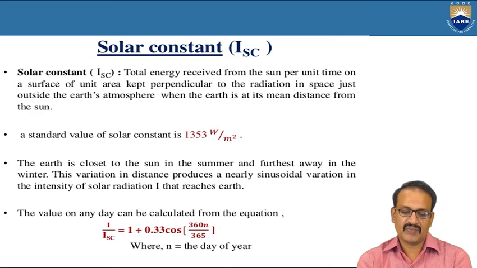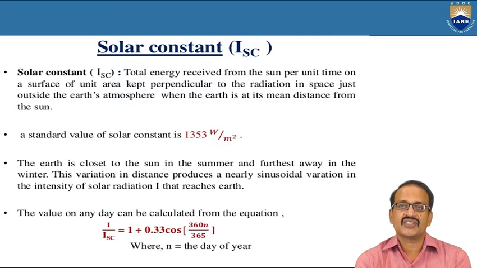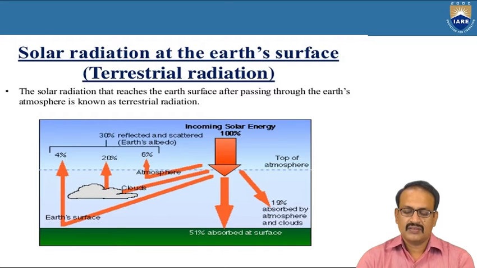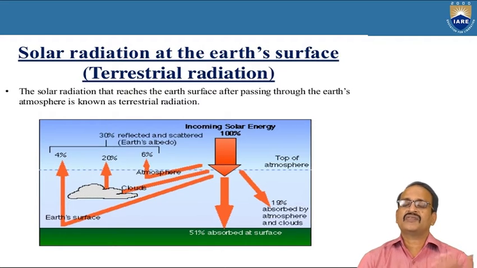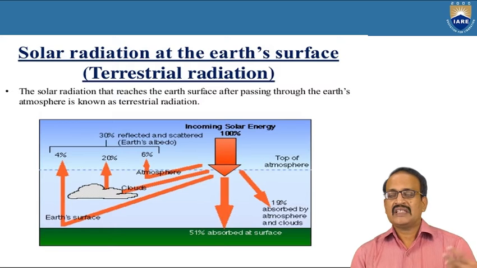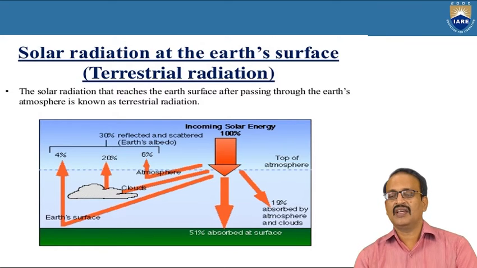and it is given by 1 plus a correction factor, where n is the number of days, 360 by 365 of the day of the year. So this is the calculation. So what is the energy which is able to reach, even the diffused energy, including the direct energy and diffused energy?